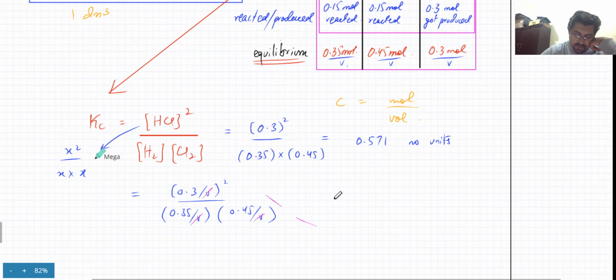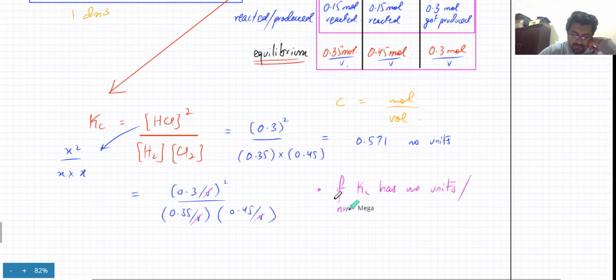So there's this new point which I'm going to write, and that is that this only applies if Kc has no units. And how do you figure out no units?